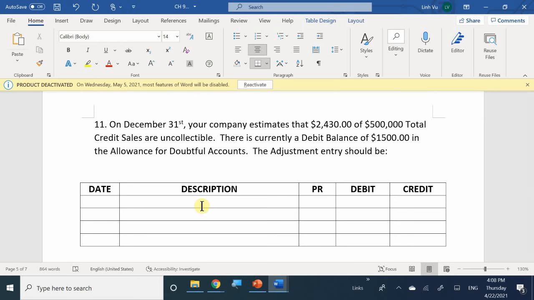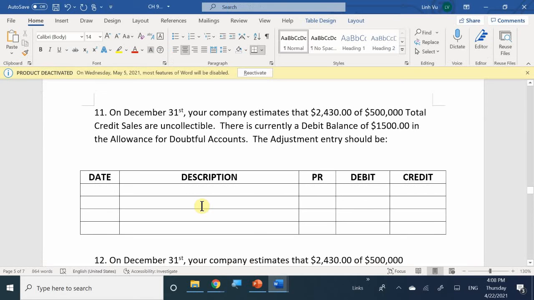And there currently is a debit balance of $1,500. So, how do we record this adjustment? So we will only be recording the 2430 because it's a credit.